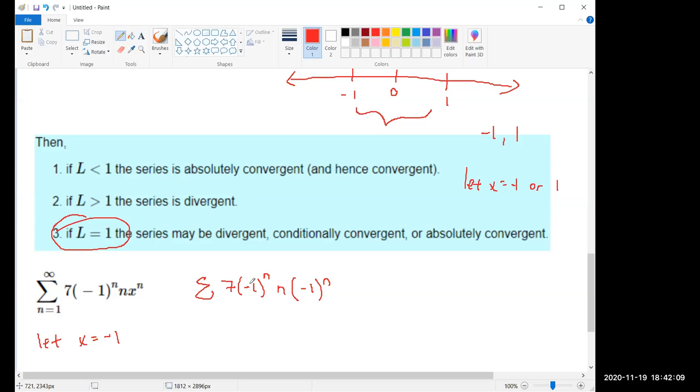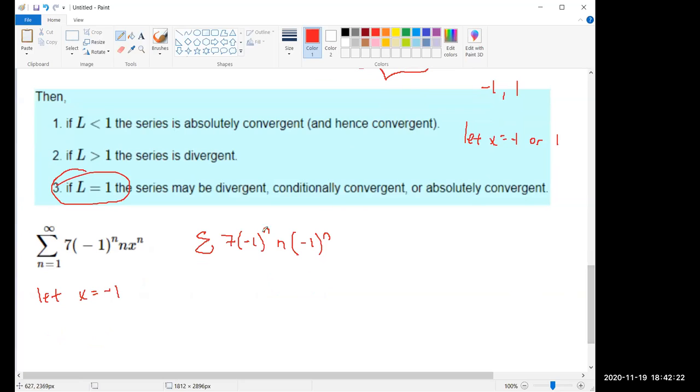The question is, does this converge or diverge? Let's simplify this. How can we simplify this thing here? Do you see why this and this would just cancel out?